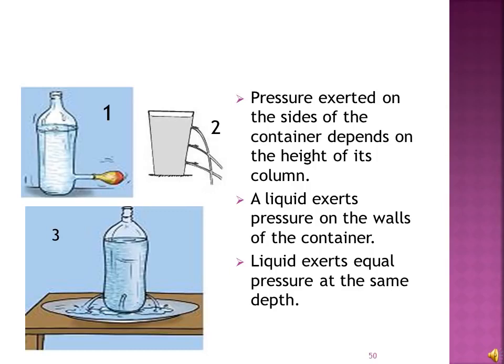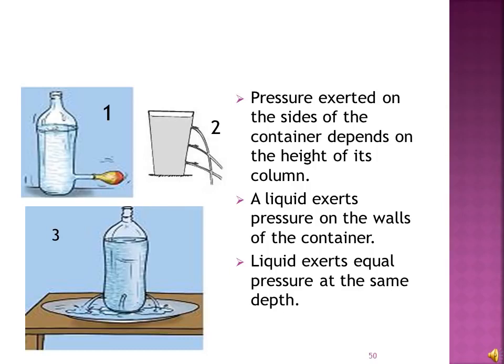That is why in the second picture, the water flows out to a large distance from a hole near the bottom of the glass. As the height of the hole from the bottom decreases, pressure increases, or else we can say that as depth increases, pressure increases. In the third picture, we can see that a plastic bottle is taken.